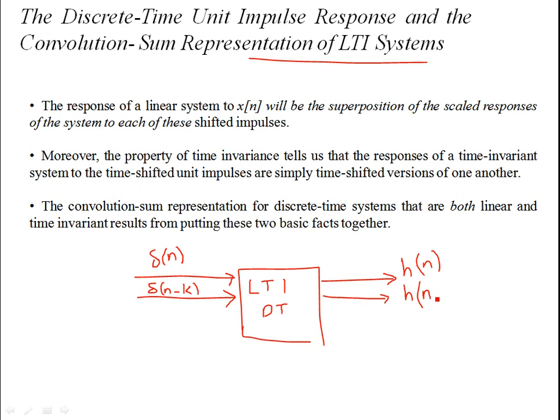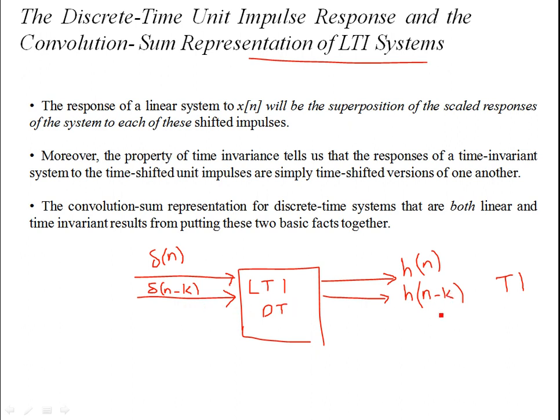Why is that? Because the system is time invariant. You can invoke the property of time invariance to show this, that if my input is delayed by a certain number of samples, then the output is supposed to be delayed by the same number of samples. This is by the principle of time invariance.